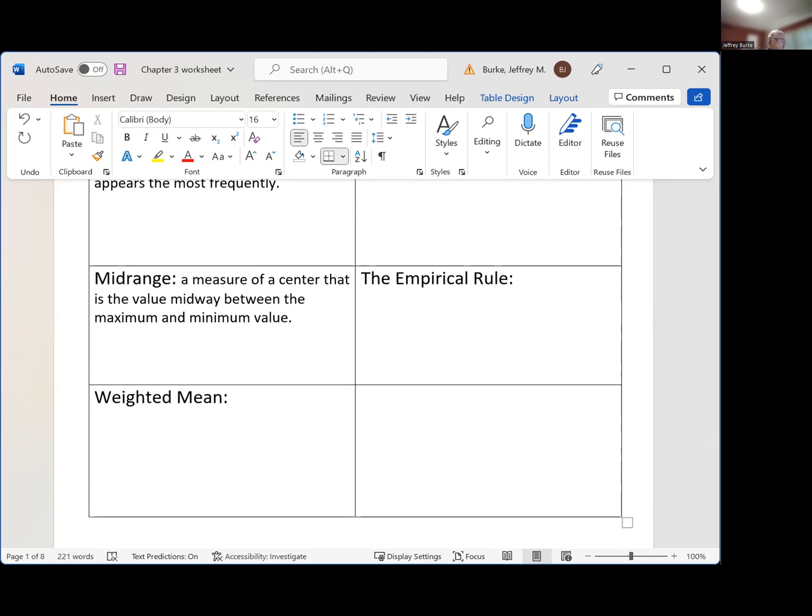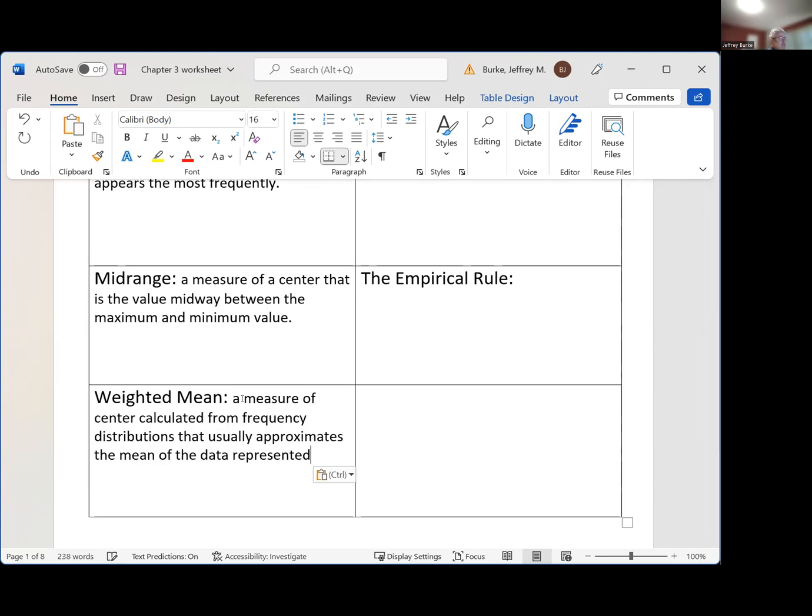Now, we have one more type of measure of center, which is called a weighted mean. Fortunately, this is something that StatCrunch calculates, otherwise calculation of this can be a little tough. It's a measure of center that's calculated from frequency distributions. It approximates the mean of the data represented.